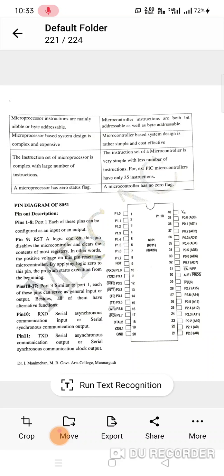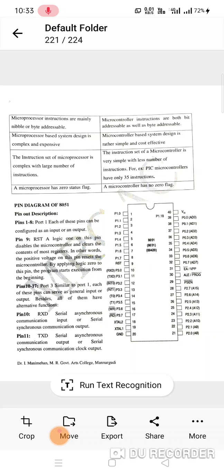Each pin is used as either an input or an output port. Besides this, these pins are the multifunction pins. Okay, then we will see what happens at pin number 10.